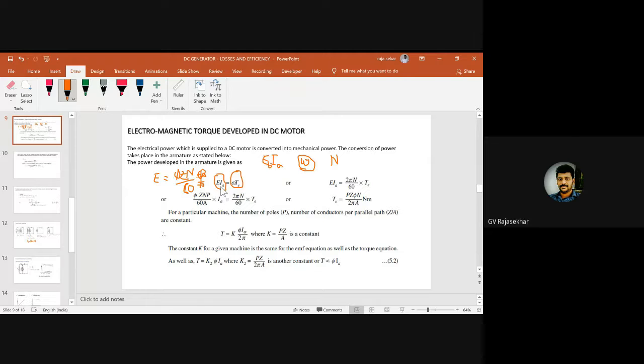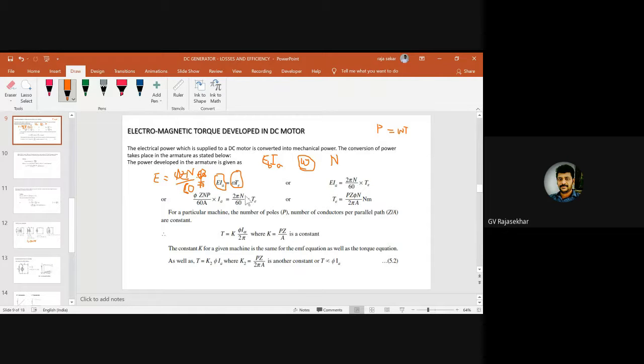Power is equal to omega into T. We have to convert the speed into angular speed and multiply with the torque to get the mechanical equivalent of electrical power.